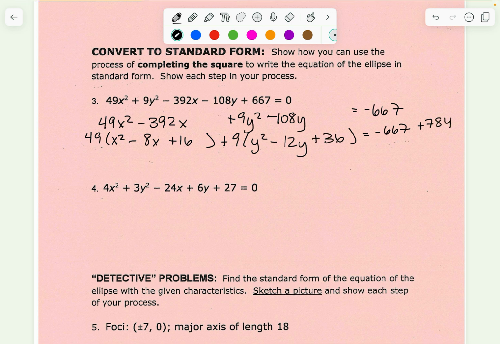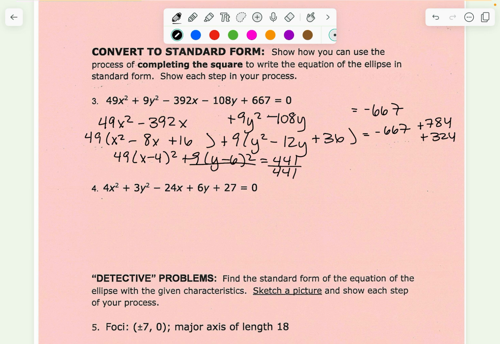Add 36, but I'm actually adding 324. All right, so 49 times x minus 4 squared plus 9 times y minus 6 squared equals 441.